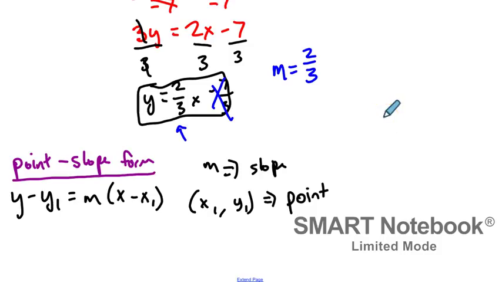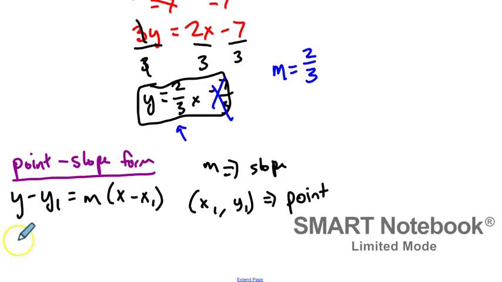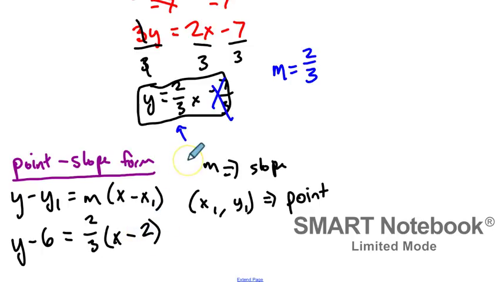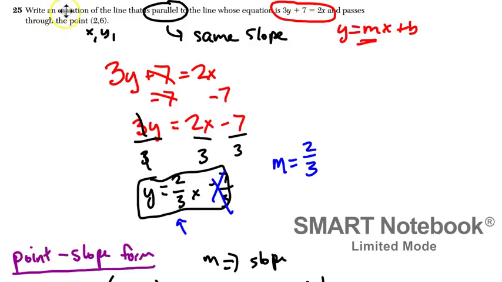So why is this my preferred method? Because I know my slope is 2/3. I know the point I want it to pass through is 2, 6, so that's my x1, y1. So now if I just substitute in, y minus my y1, which was 6, equals m, 2/3, times x minus x1, which was 2, and I write it like that, I can stop, and this is a perfectly acceptable answer to this question because the question just said, write an equation.